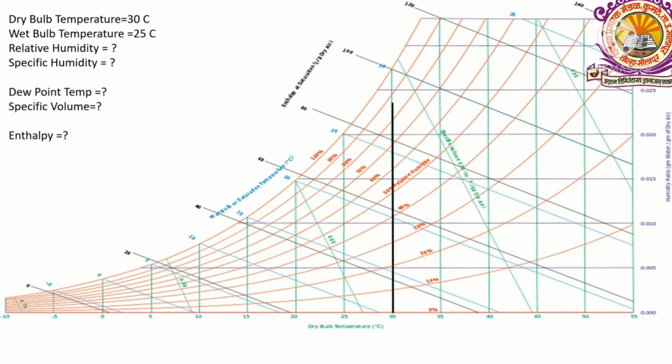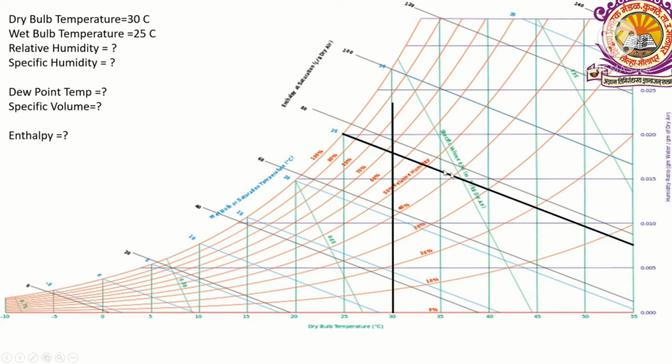First we have to locate the dry bulb temperature of 30 degrees on the psychrometric chart. That is the vertical line which represents the 30 degree dry bulb temperature that I have drawn. Always draw this line parallel to the dry bulb temperature lines. Suppose here it is 30, and 35 is there, so you draw it at the midpoint of 30 and 40, parallel to that line.